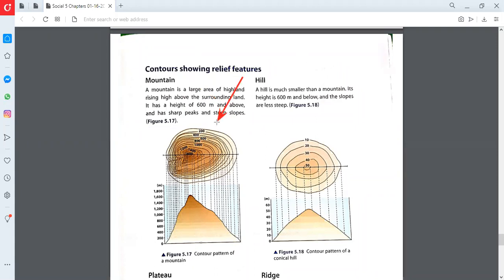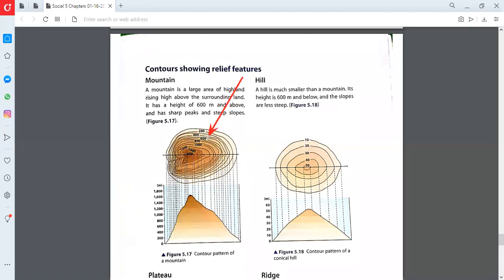How can they show it? See, in this picture, they are showing the lines. They are showing the height of a mountain. Right now the height of the mountain is at 200, and here it becomes 400. Then here it becomes near about 600. Then here we are at 800, then 1000, then 1200, then 1400, then 1600.